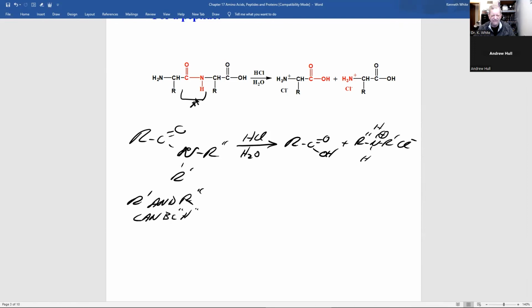Here's our amide in the protein. If there are a lot more amino acids linked together, each one undergoes the same. And you get back the carboxylic acid plus the amine salt. Now, interesting enough, this amino group in the acid in your stomach becomes an amine salt. And look what Mother Nature has done.